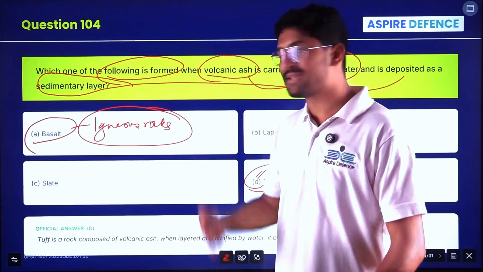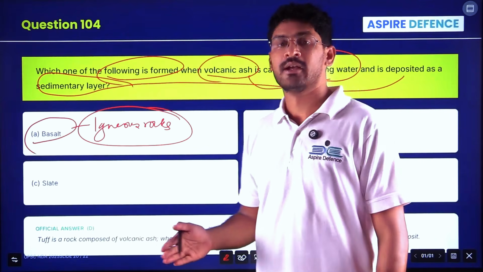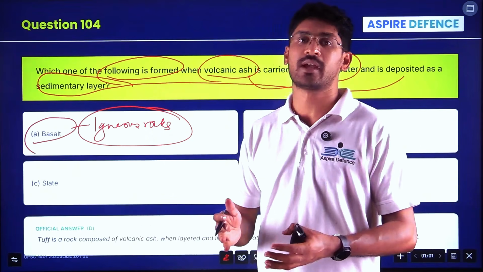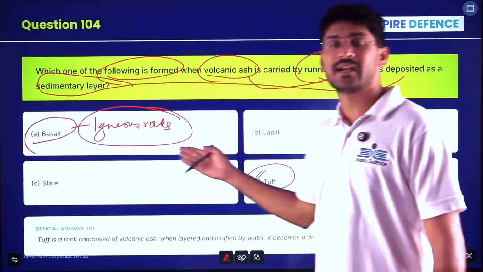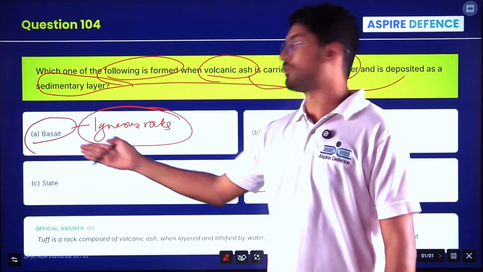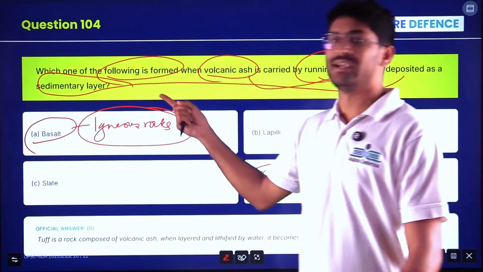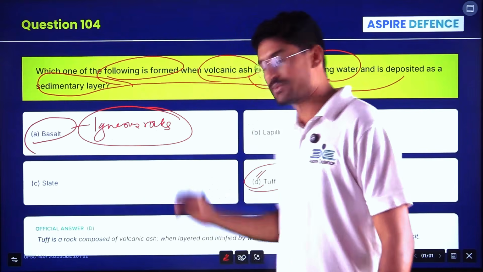It can be inside or intrusive igneous rock or extrusive igneous rock. With respect to rocks formed due to sedimentation, due to high pressure, all these are important. So go through the options and see what types of rock they are. What is slate, what is lapilli also, you make sure you know, because NDA, UPSC can ask in this year with respect to these options. Clear?